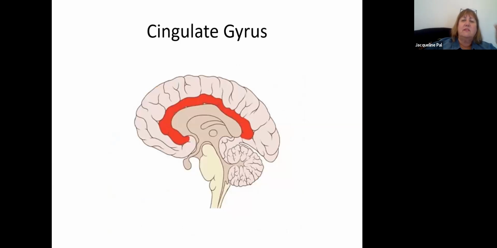So the part of the limbic system that's in the cerebrum that's easy for us to see is the cingulate gyrus, which is the gyrus that is just superficial to the corpus callosum, kind of like a C sitting like this. There is more cerebrum that is visible, but it's all deep. You can't see it.